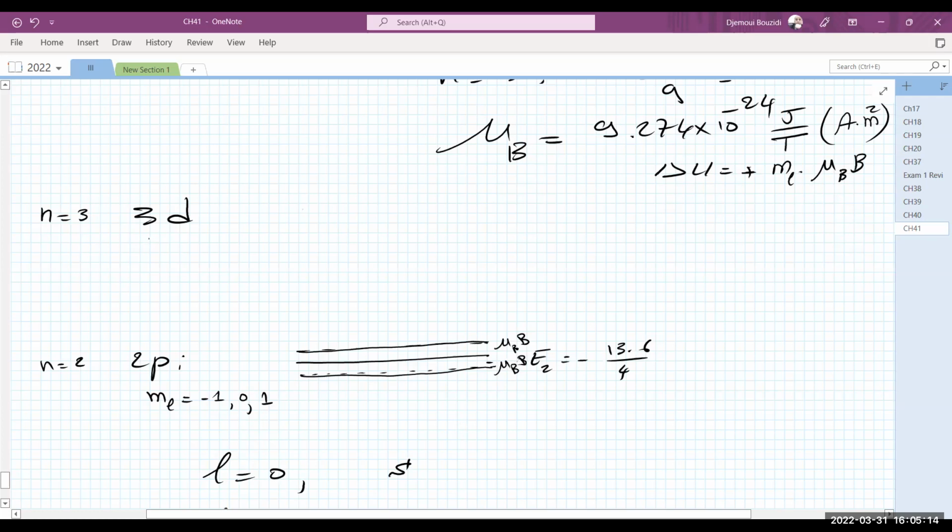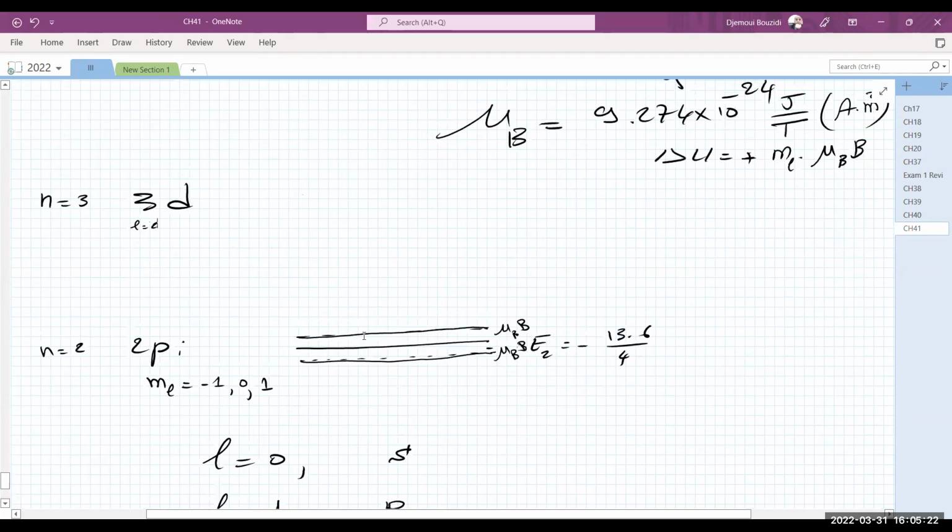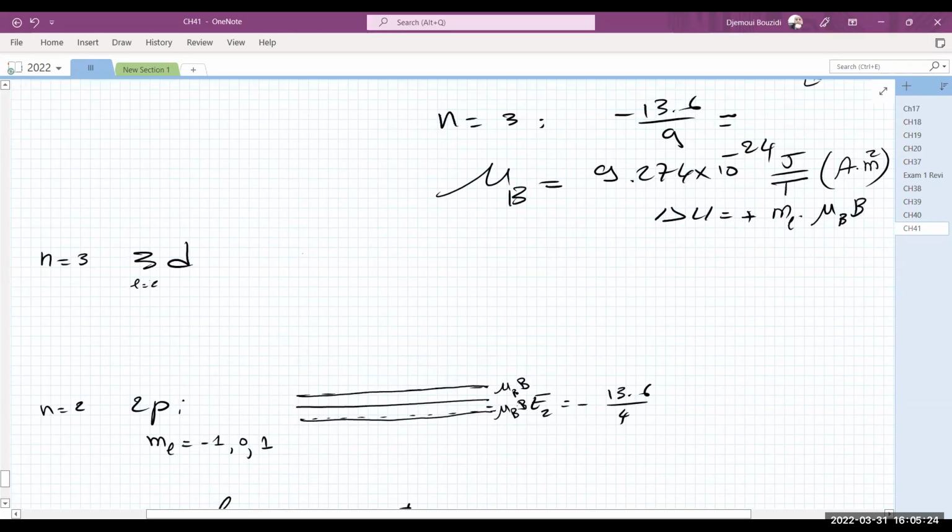I have L equals 2, because D is L equals 2. And then ML can be 5 values. ML can be equal to -2, -1, 0, 1, and 2. The 0 stays the same because all I'm doing is multiplying 0 by this number, so it's going to be the same. So this is the ML equals 0 level, which is not shifted.